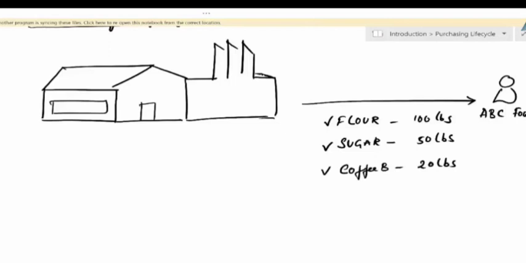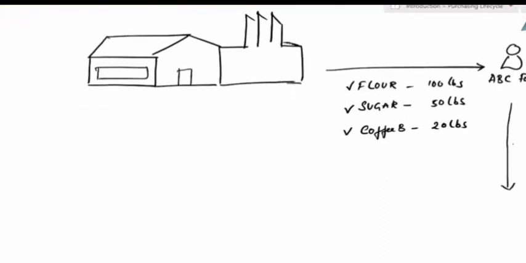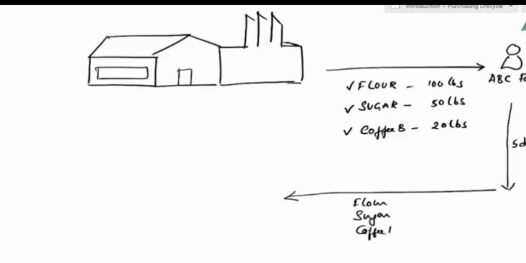So this vendor is going to take some time to deliver the goods. Say in 5 days, he's going to deliver flour, sugar, and coffee beans in the respective quantities.